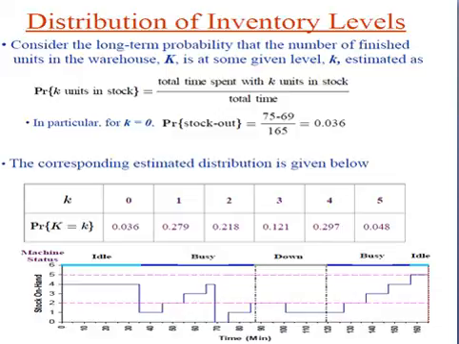This small k could be 0, 1, 2, 3, 4, or 5. It cannot be greater than 5 because our capital R was 5. We don't want to keep more than 5 units in our warehouse. So the probability that small k units are in stock is equal to the total time spent with k units in stock divided by total time.